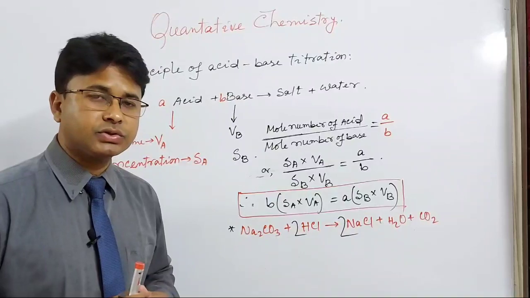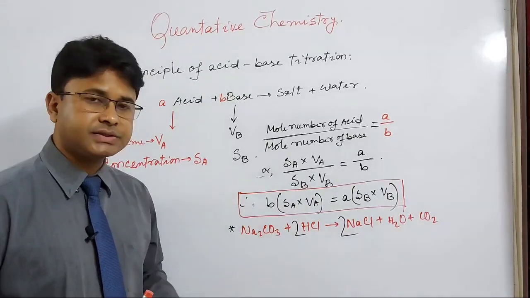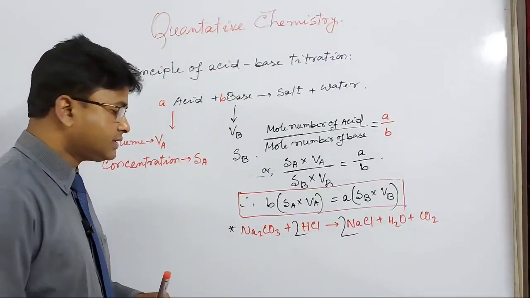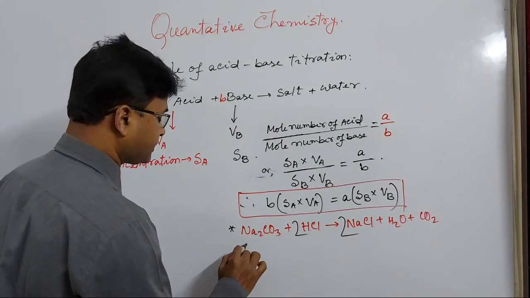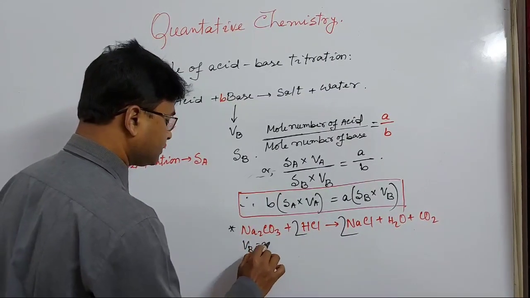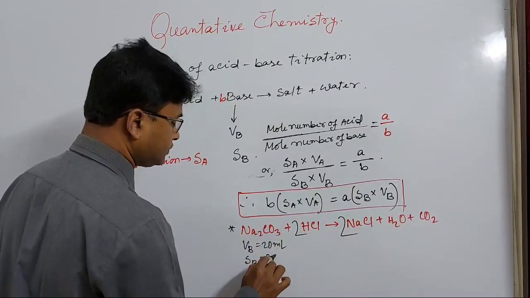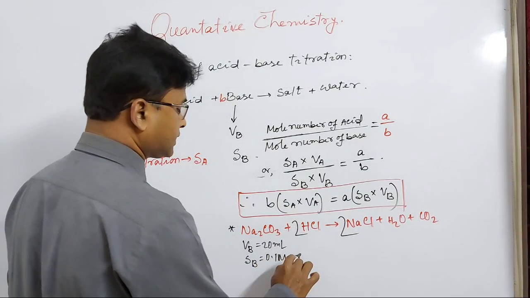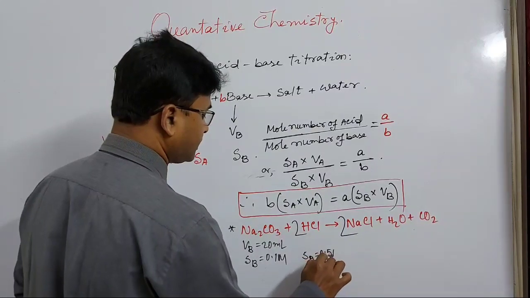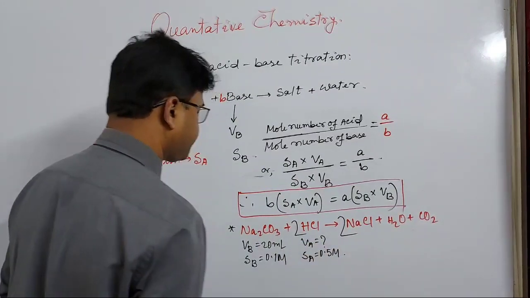Students, now I would like to show you an example of calculation of the concentration of acid based on acid-base titration. And it is given in the question the volume of the sodium carbonate base Vb is equal to 20 ml and the concentration of base is 0.1 molar and the concentration of hydrochloric acid is 0.5 molar and the volume of acid is equal to what?